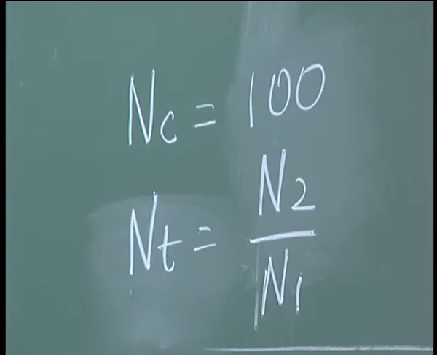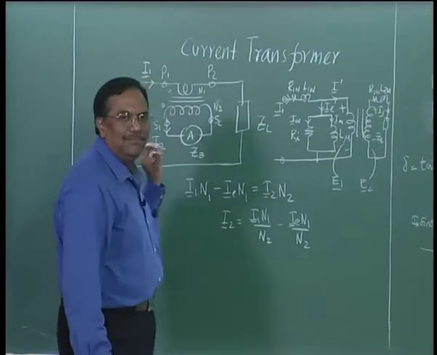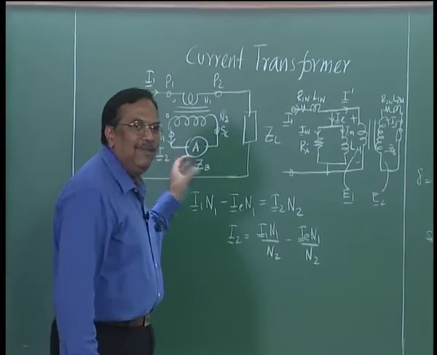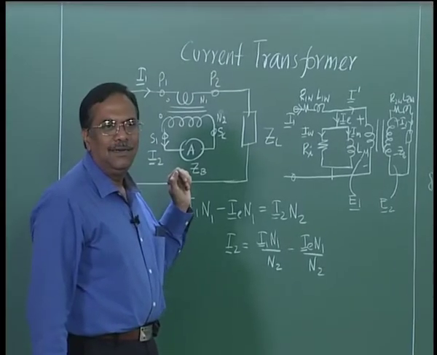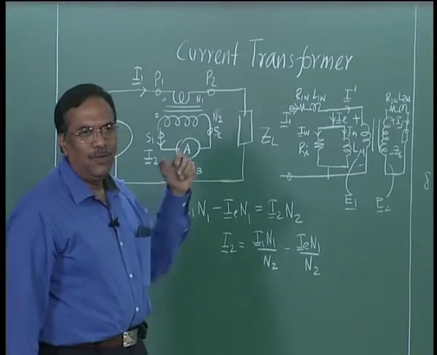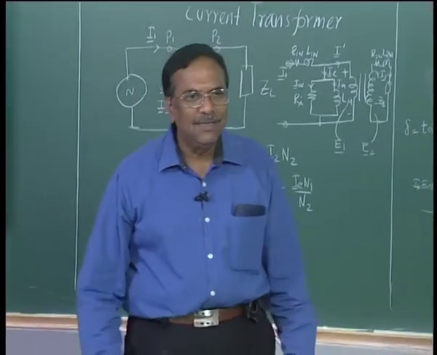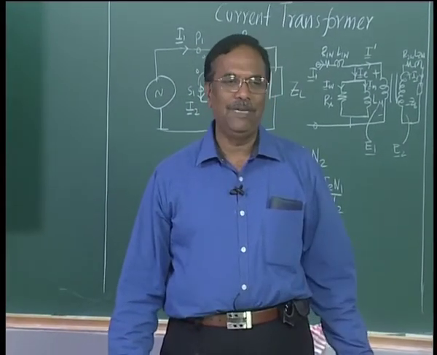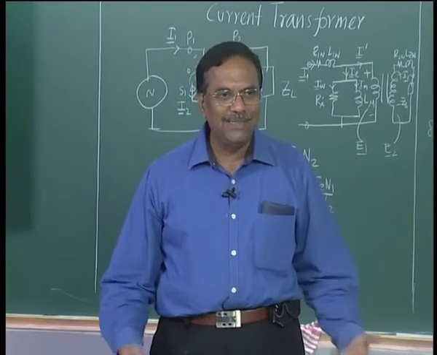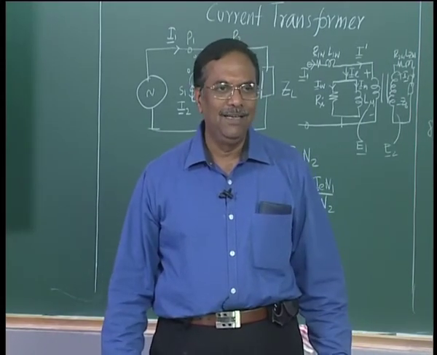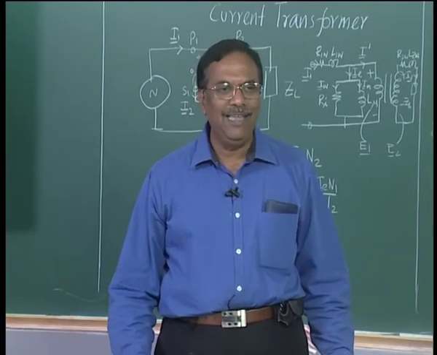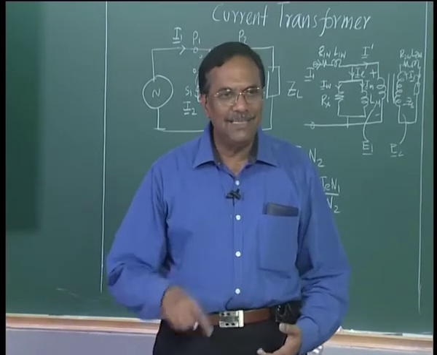I look at my current ammeter, I see 1 ampere. So, what is the value of current that I measure? I do not measure 1 ampere, right. I know it is a current transformer, right. So, when I measure 1 ampere, I know immediately I mark it as 100 amperes.